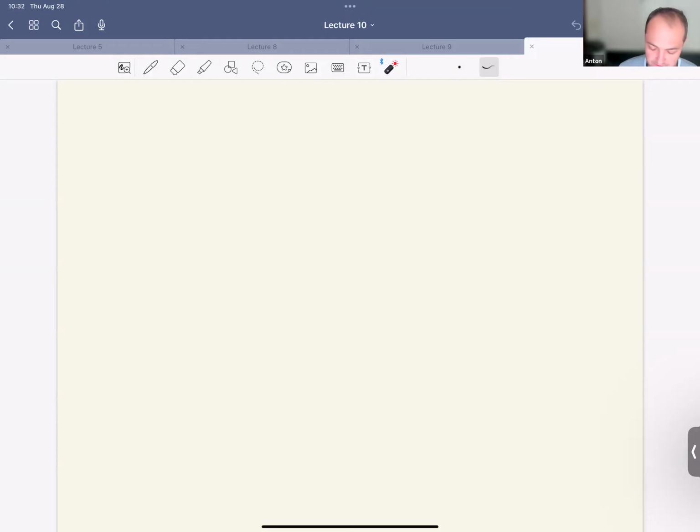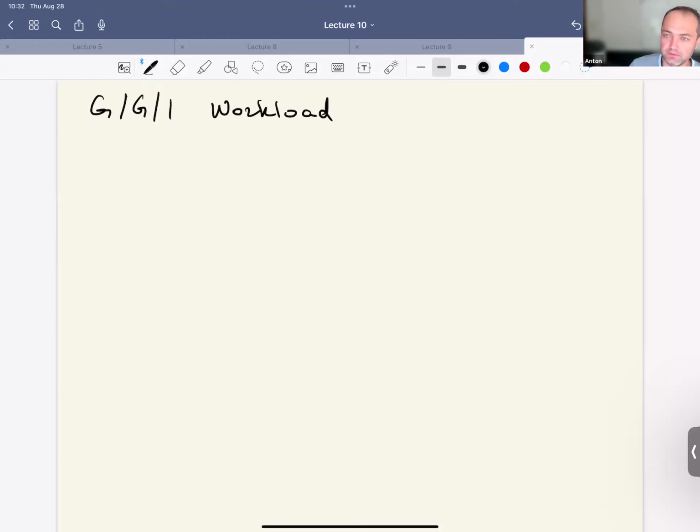It flies by fast. So today, what I really want to cover is I want to finish the GG1 workload example, and just to give you an idea of what else is needed when we go beyond exponential primitives to, say, general model primitives.